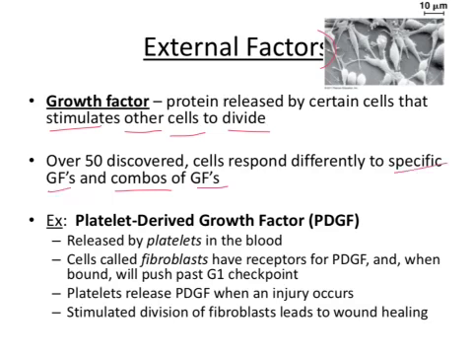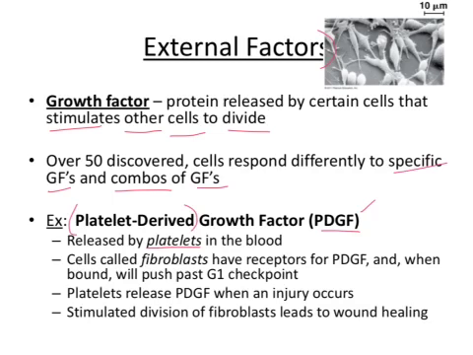One of the growth factors that seems to have appeared on several of the previous AP exams over the last few years is called PDGF, or platelet-derived growth factor. Platelet-derived indicates that this growth factor comes from platelets, which are actually cell fragments in your blood.